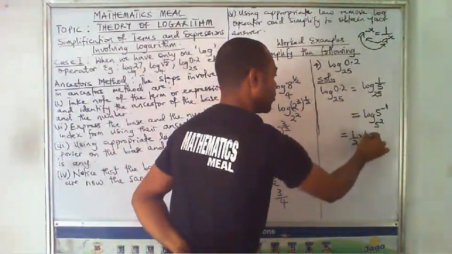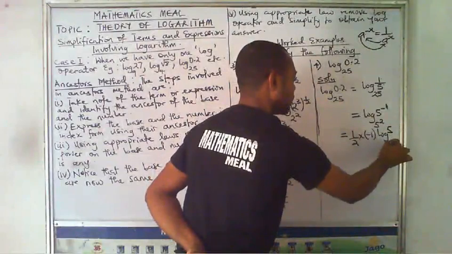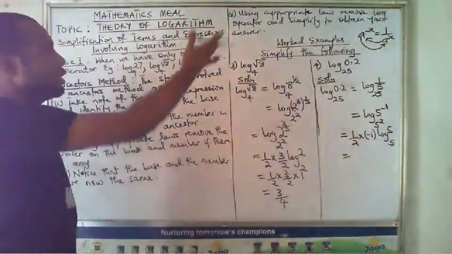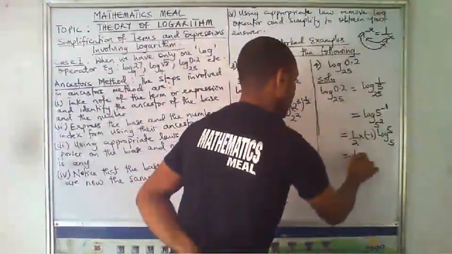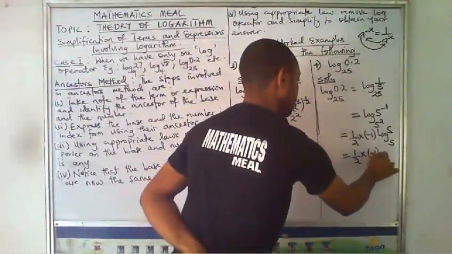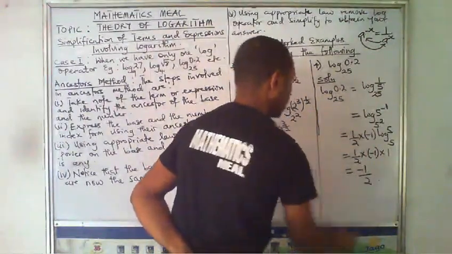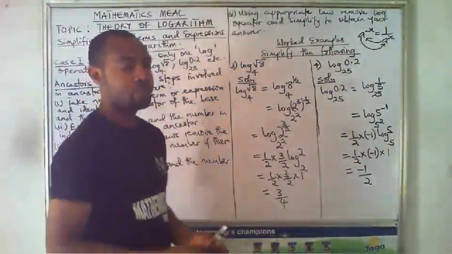The power here, we just have minus 1 log 5 in base 5. And log 5 in base 5, notice they are the same, so using the appropriate law, it is 1. So we have 1 over 2 times minus 1 times 1. That will give me minus 1 over 2, all of that. So that's beautiful so far.